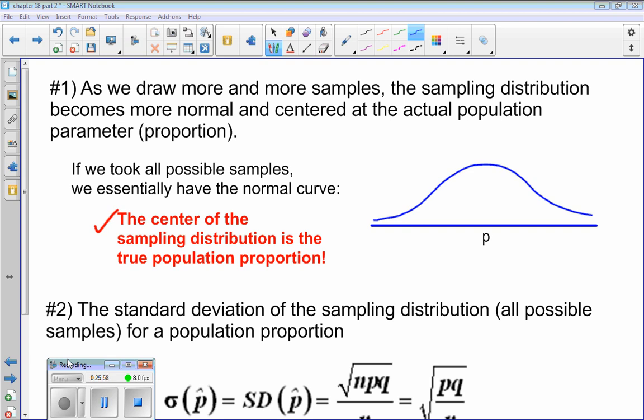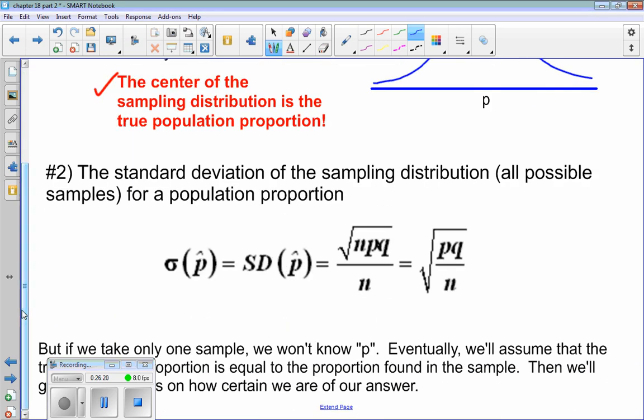So the mean of the sample proportions is simply the population proportion, which is kind of nice. You with me? So it's centered at the true population proportion, just like with means. Awesome. However, our standard deviation has a new formula.